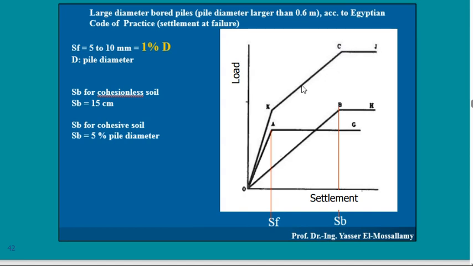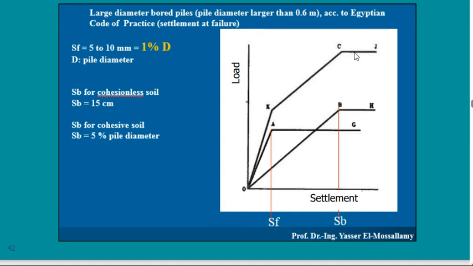What are we going to do with this curve? Two things. The first thing, I take the maximum where I have the failure, so this is the failure load of the pile. If I take from this failure load a factor of safety, then I get the allowable load. So this is the allowable load that can be carried by the pile.